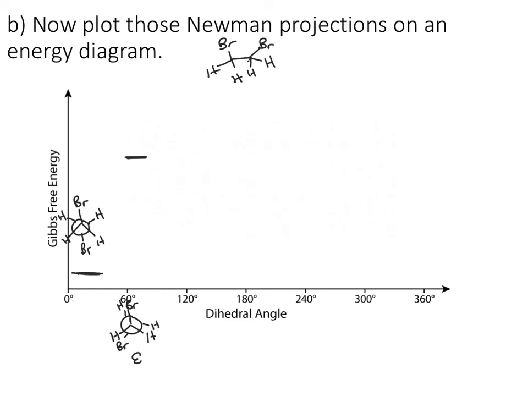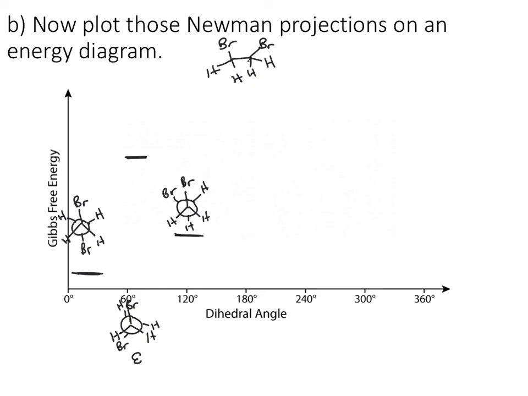And then if I rotate again, I'm going to get to a conformer where, again, the front carbon's the same, but now the bromine's over here. So now this is staggered, but it's gauche. So it's going to be a valley, but it's going to be a little bit higher energy than the anti.